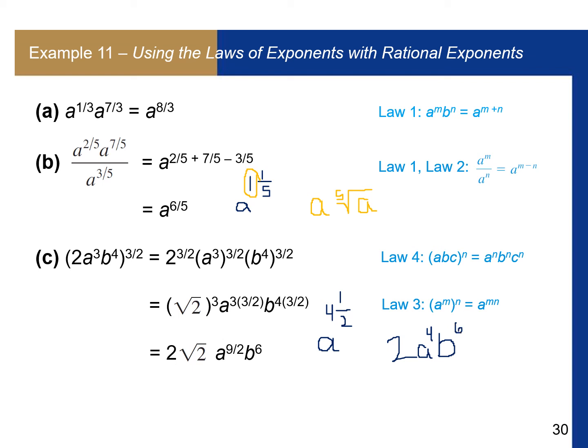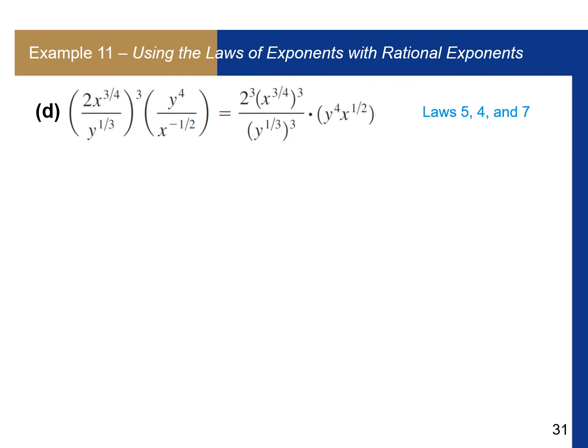And then inside the square root, I have a square root of 2, but I also have the square root of a. So this would actually be the better final form. Let's see if they do that. Nope, they didn't. So good thing I showed you.